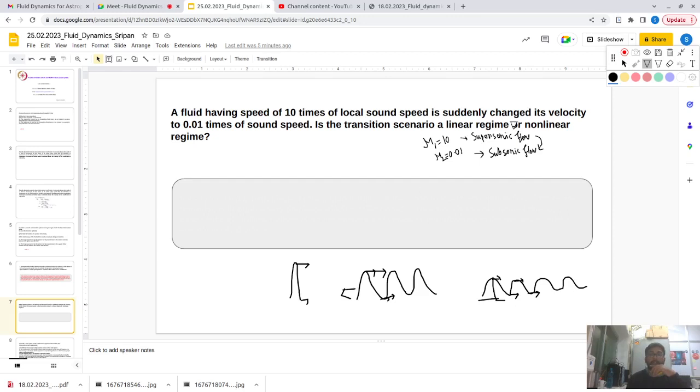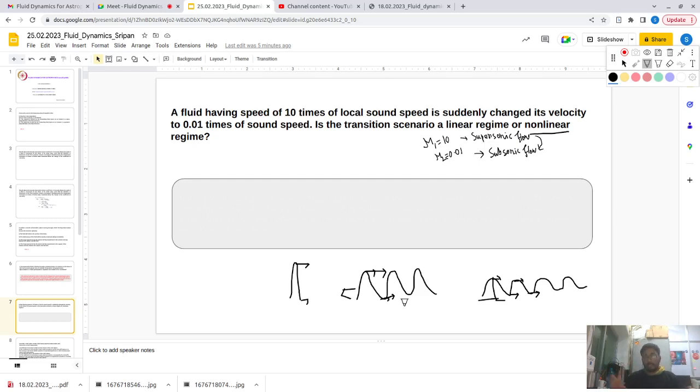Now if there is a higher amplitude, that should not be the linear regime. As soon as the amplitude is very high, it goes into the nonlinear regime. By nonlinear regime, what I mean is, let's say you have some input and some output. Whatever you are calculating has some input in terms of some parameter, and you are calculating some other parameter as an output.